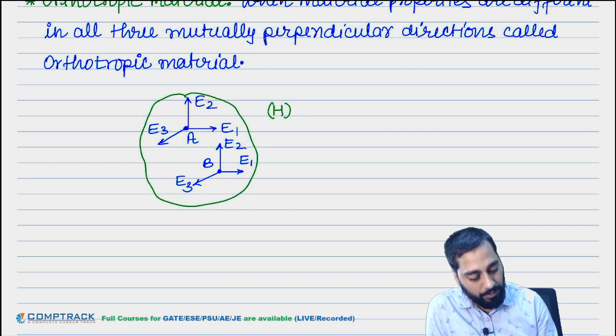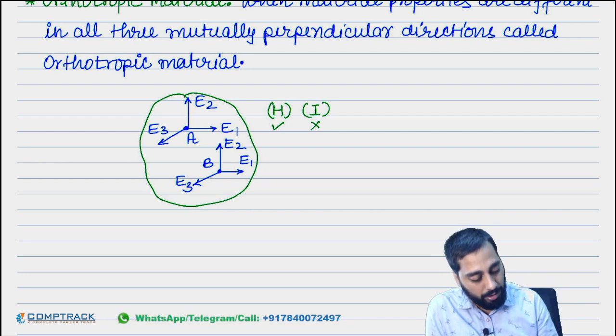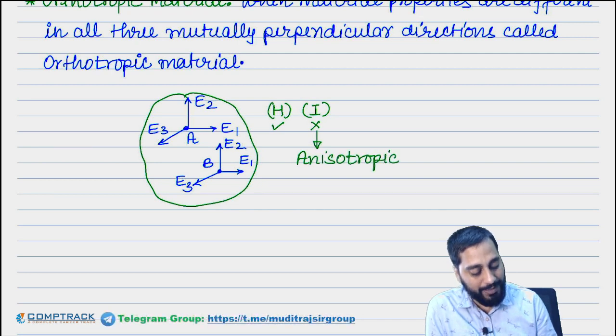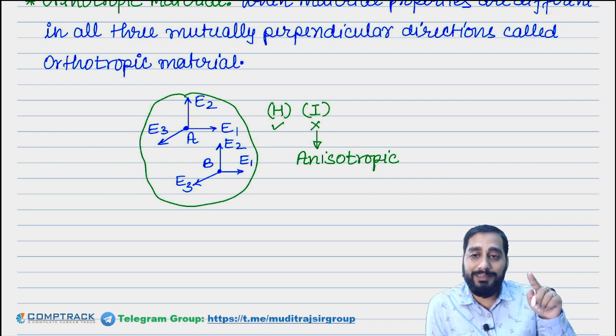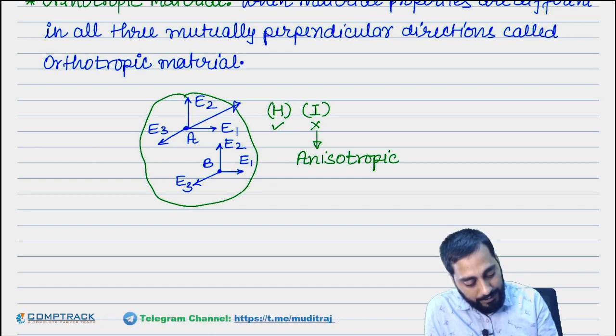Yes or no? So this is homogeneous. Is this isotropic or not? No, this is not isotropic. Isotropic नहीं है. Okay, so the material which is not isotropic is called anisotropic. And in anisotropic, there can be many types, like properties can also be checked in any general direction.